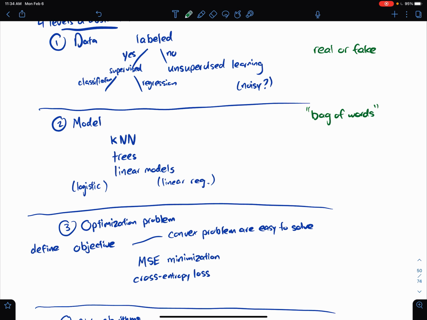And the way the bag of words model works is for each data point in our data set, which was a headline, we're going to decompose it into a big array where each index corresponds to a word.